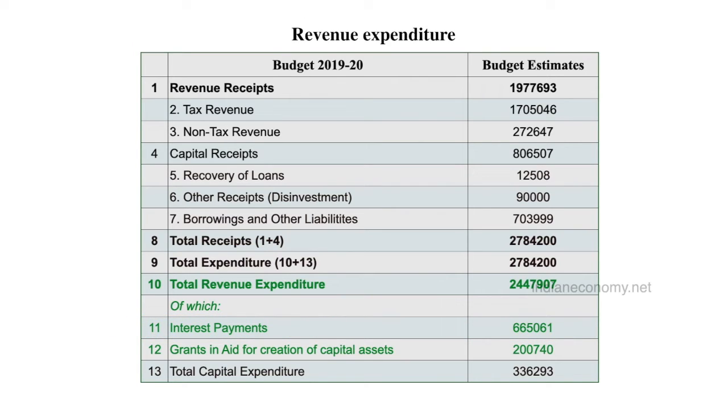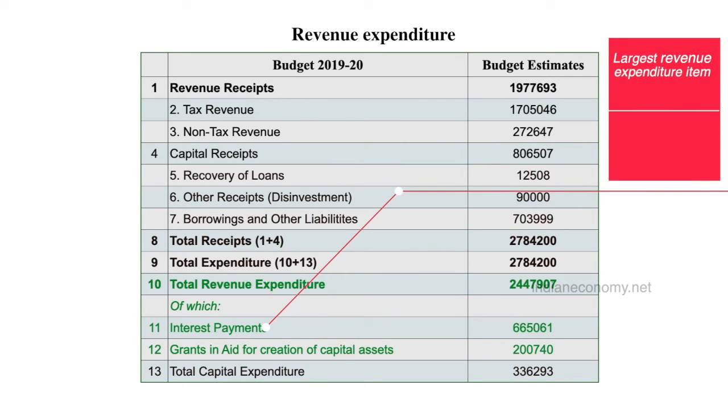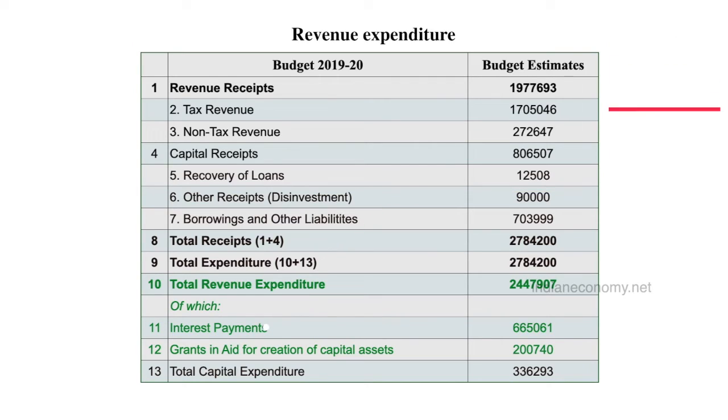So 24% of the government's total expenditure is made for repaying interest. That shows the debt implications of the government budget. When the government is borrowing too much, it produces interest payment, and interest payment is the largest revenue expenditure item in India's budget. That is around 24% of the entire government expenditure, shown under item number 11.